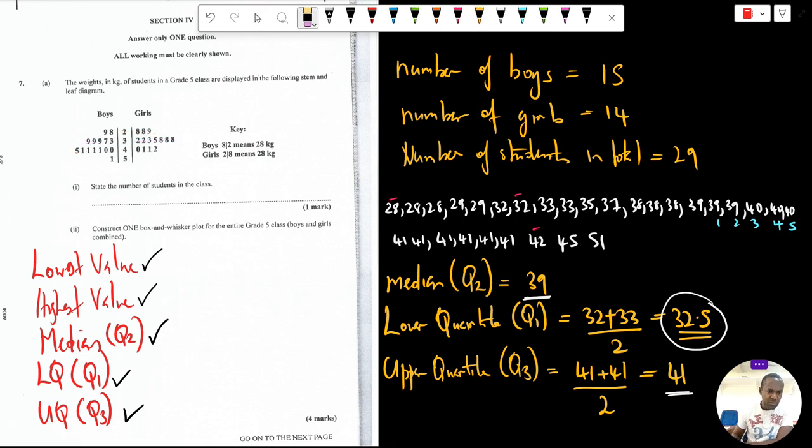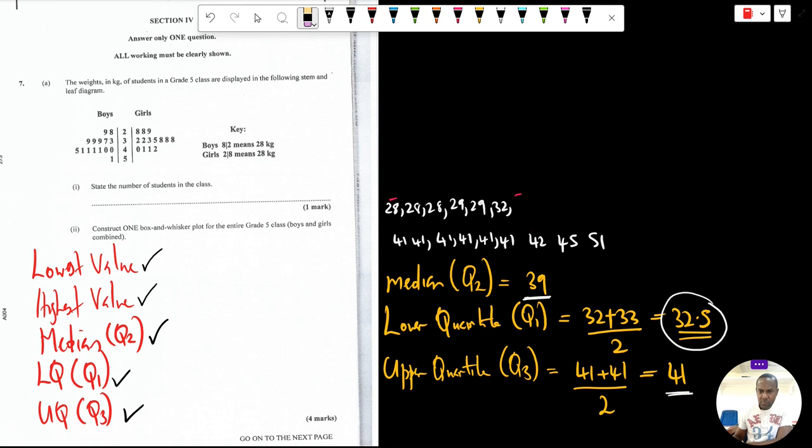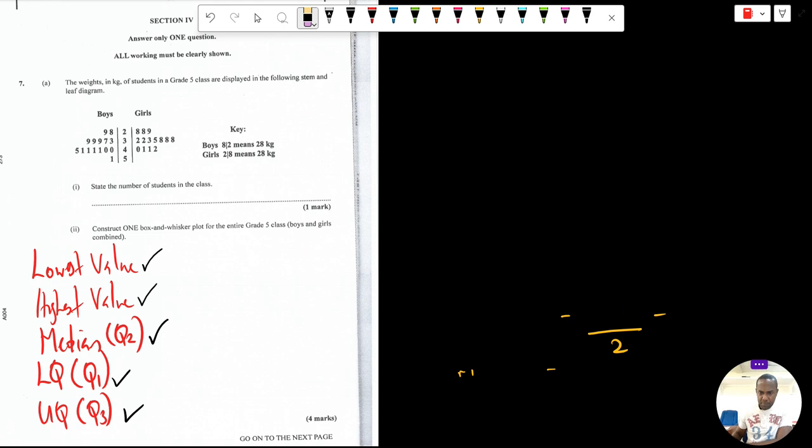Let me just clear up some values on the screen here, and we can take off most of this. All right, so let's write down the girls' weights.